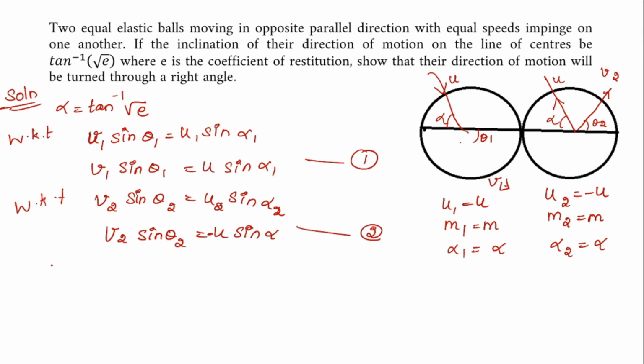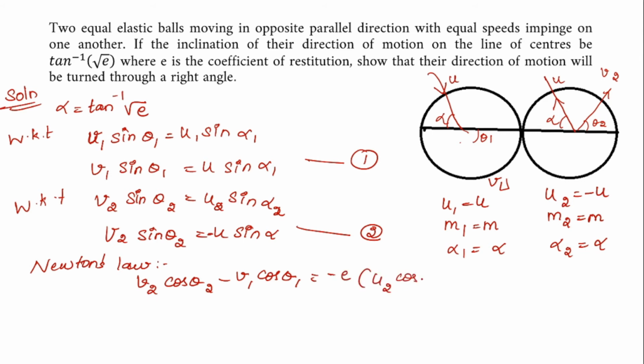Next one is Newton's law. So Newton's law will be v2 cos theta 2 minus v1 cos theta 1 is equal to minus e into u2 cos alpha 2 minus u1 cos alpha 1.